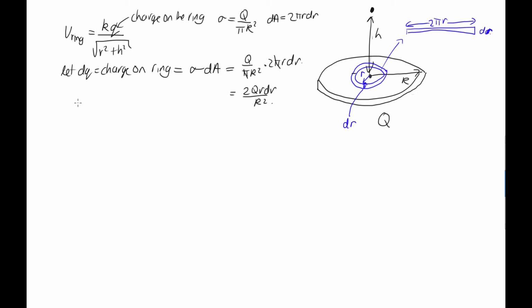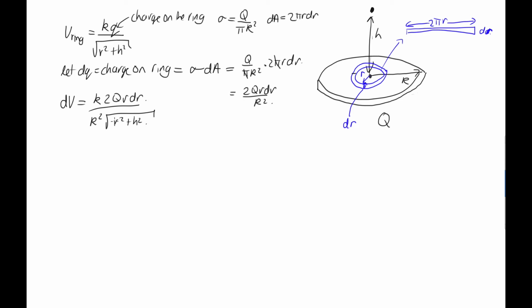Okay, so we can say that the amount that one ring contributes, we'll call it dV, because it's a very incremental ring with only width dr, is given by k times dq, which is our dq here. So this is k times 2Q r dr over R squared, and then we've got this over the square root of r squared plus h squared.